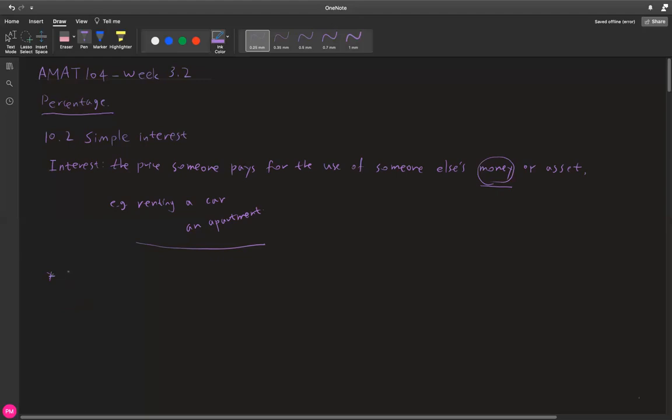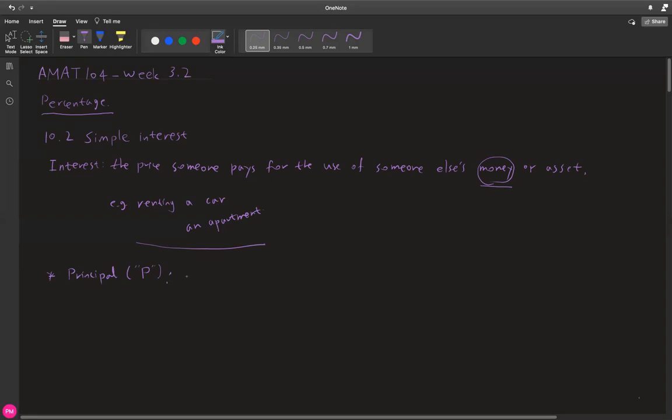So the first thing is the principal, and it's going to be denoted by the big P. I know in an earlier chapter we used the capital P to denote the percentage, but that was only for that chapter, and from now on, the capital P would almost always indicate the principal. So what is principal? It's not the headmaster of a high school.